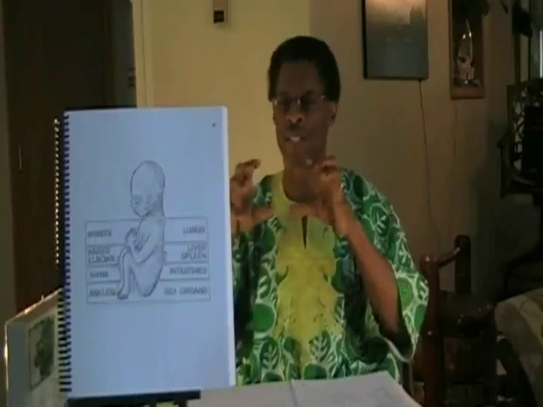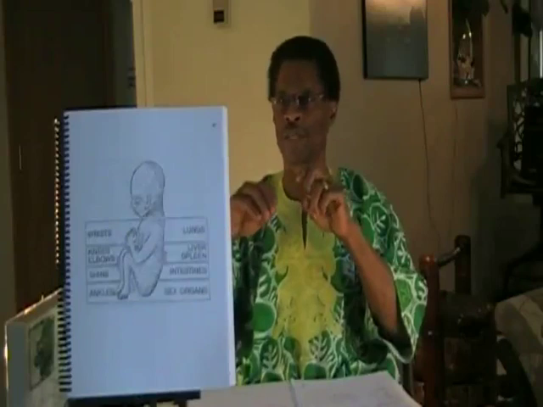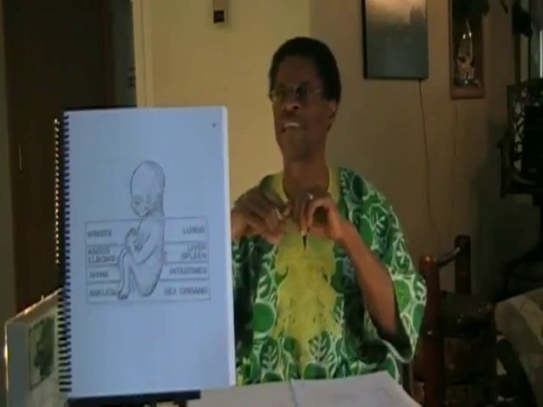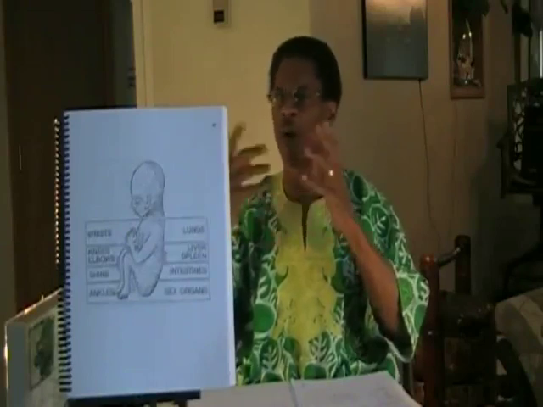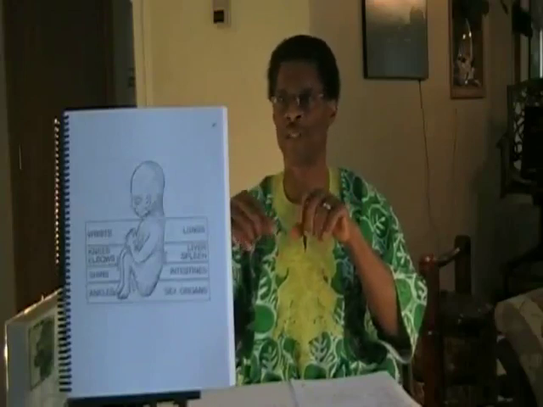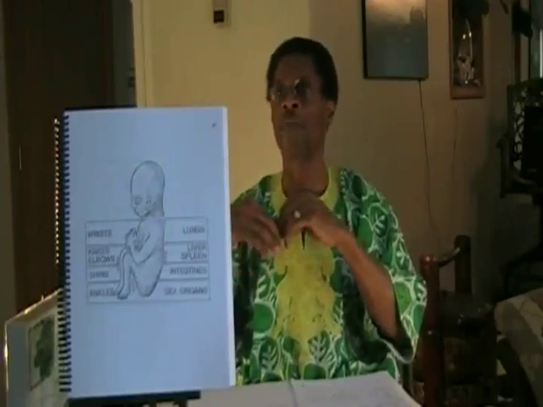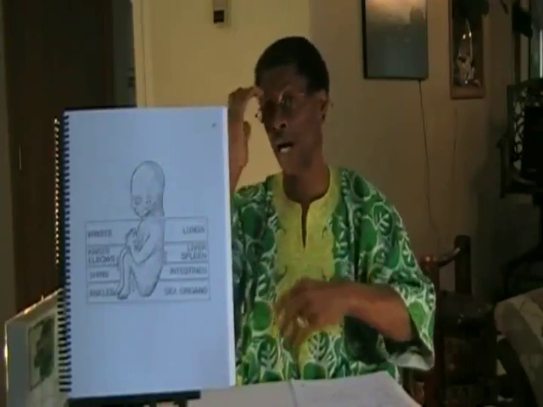So the child is sitting in this amniotic fluid, coming from the word Aman, which was the ancient Egyptian name for God, Aman, which meant all-powerful, all-knowing. That's where you get the words ammonia, ammunition, Aman. That's where you get the word amen from, meaning omnipotent power of God.